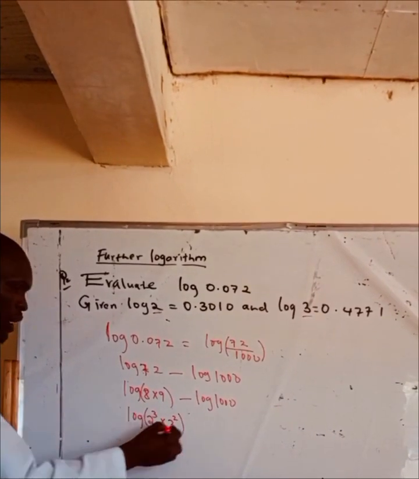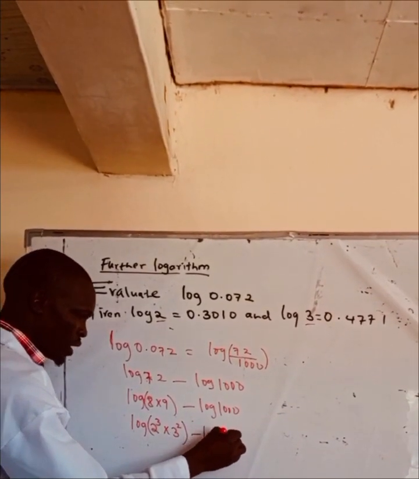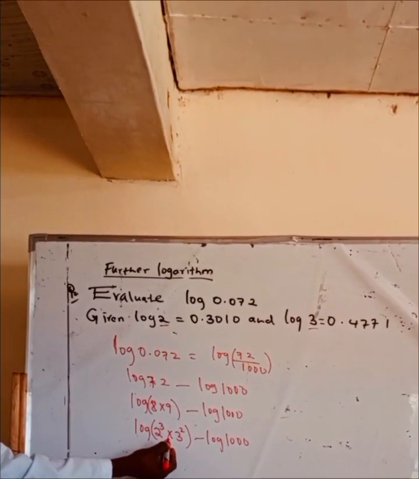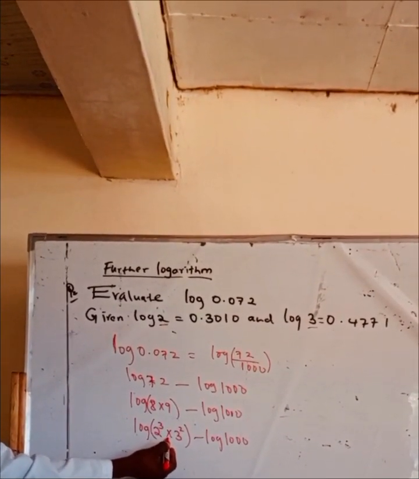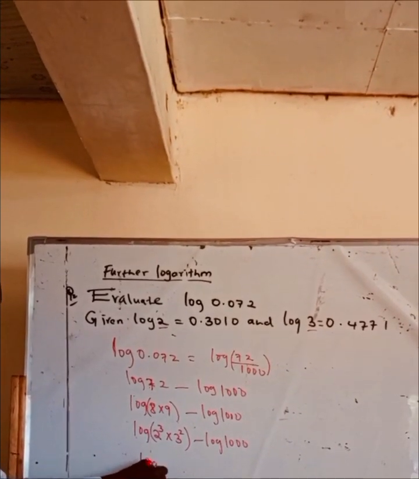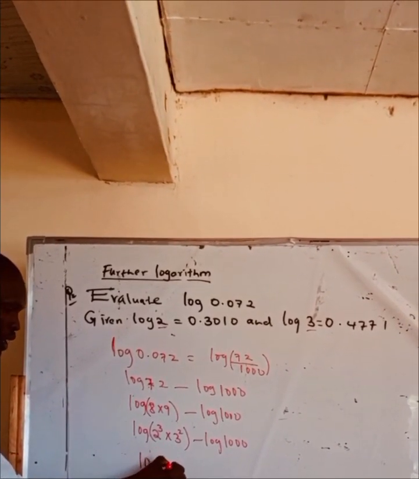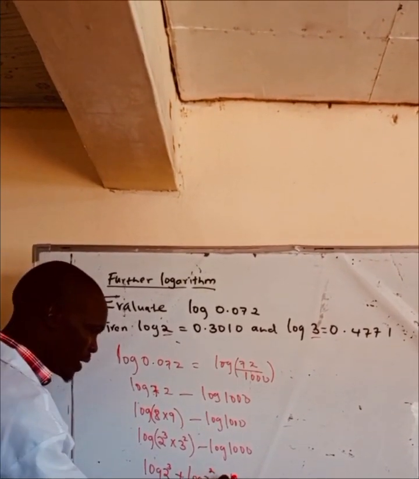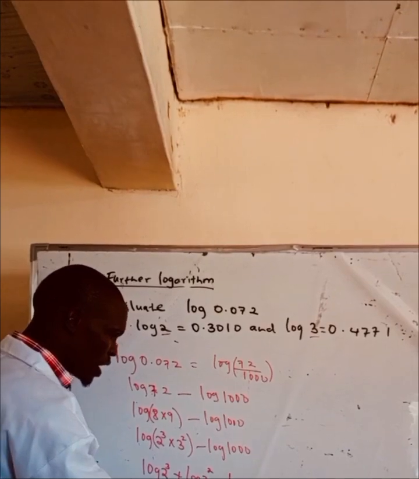Because here we have a multiplication, we can use the rules of logarithms so that we have log 2 to the power of 3 plus log 3 to the power of 2, then minus log 1000.